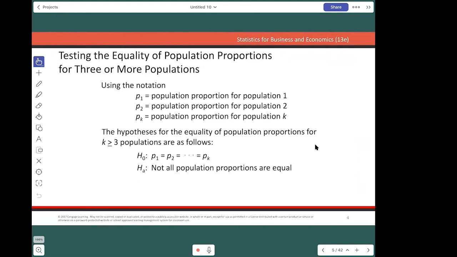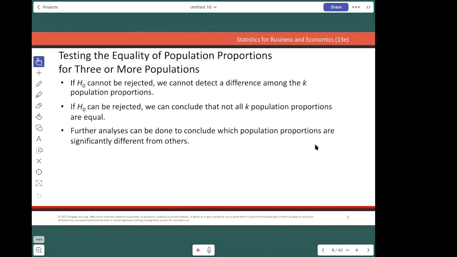That's how we identify proportions, right? So Pi would just be the proportion from population i. We recognize proportional data by the fact that we obtain it through a counting process.